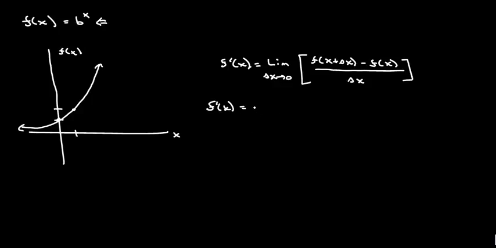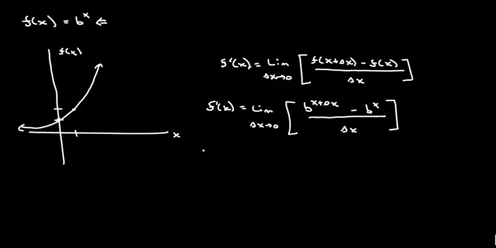So f prime of x is going to be equal to the limit as delta x goes to 0. Now f at x plus delta x is going to be b raised to the x plus delta x, and f at x is just b to the x, and that's over delta x. So f prime of x is the limit as delta x goes to 0 of, now this guy right here we can split into b to the x and b to the delta x.